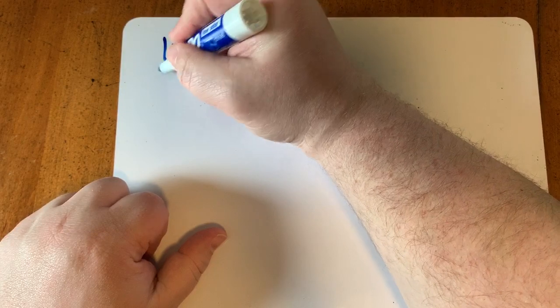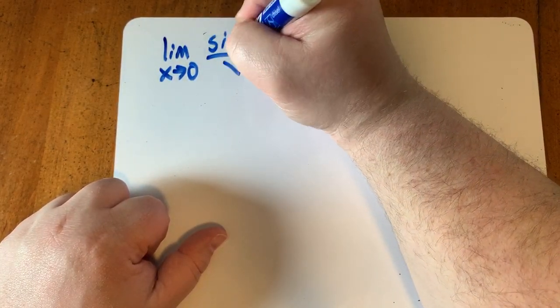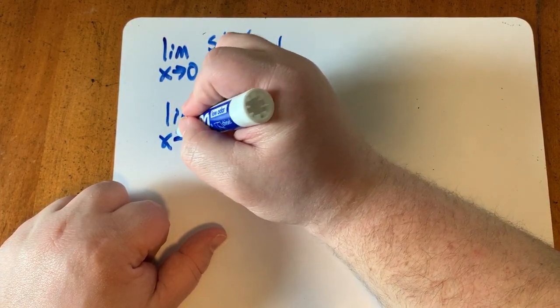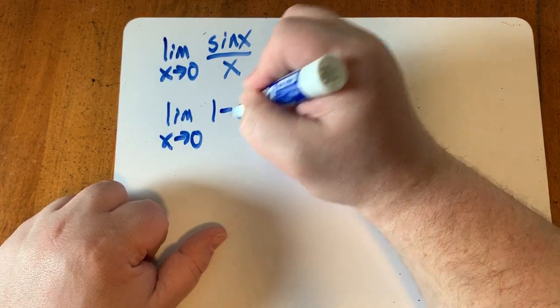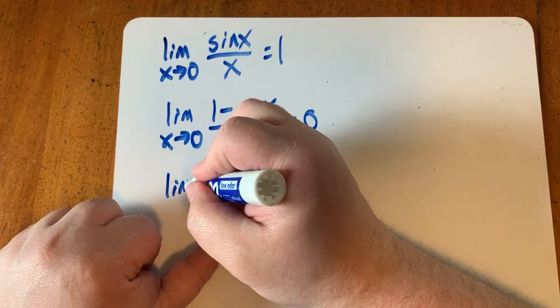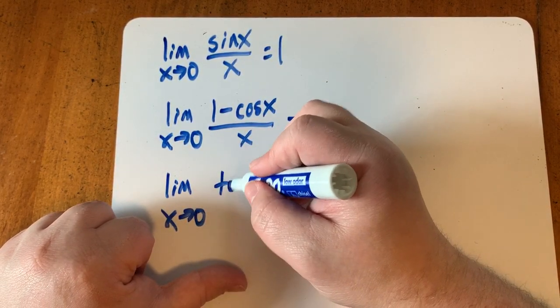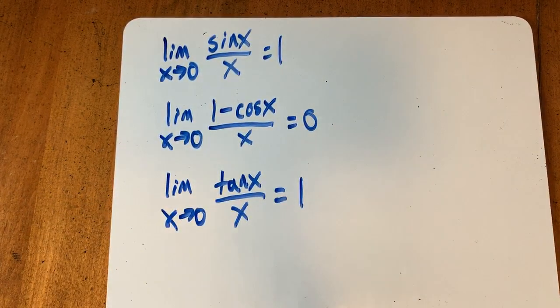The limit as x approaches 0 of sine of x over x equals 1. The limit as x approaches 0 of 1 minus cosine of x over x equals 0, and the limit as x approaches 0 of tangent of x over x equals 1.